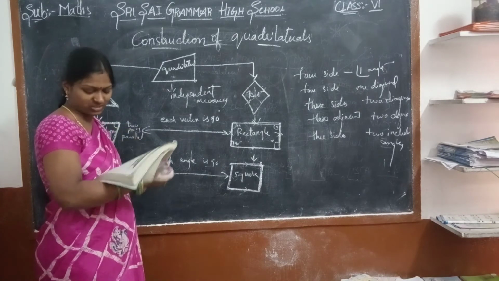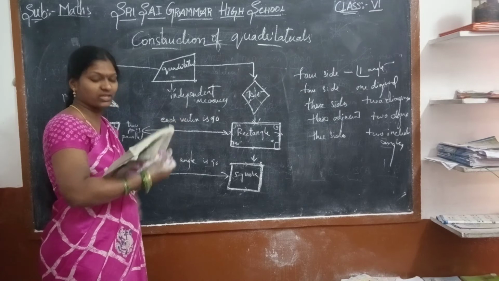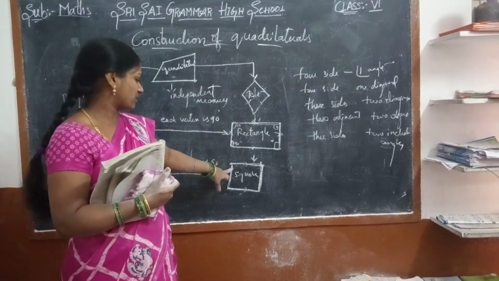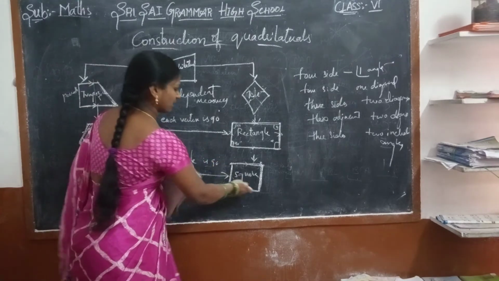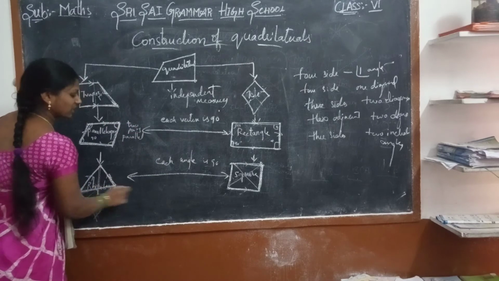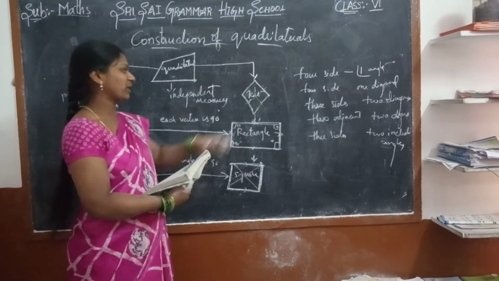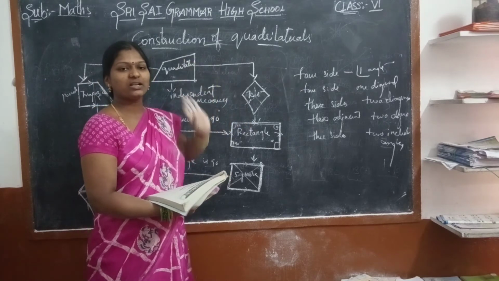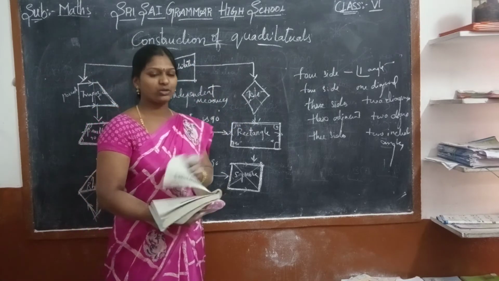When they are constructed, they are constructed when the two diagonals are given. If they give the two diagonals only, the rhombus and square may also be in the form of a kite shape. Square and rhombus can be constructed in the form of a quadrilateral.